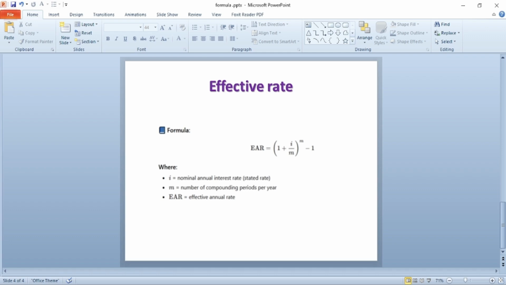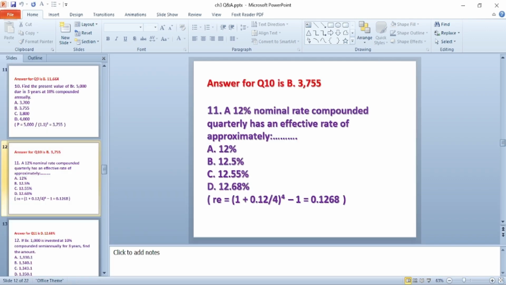As you can see, we have to insert the information from the statement, and the result will be 12.68%. The answer is D.